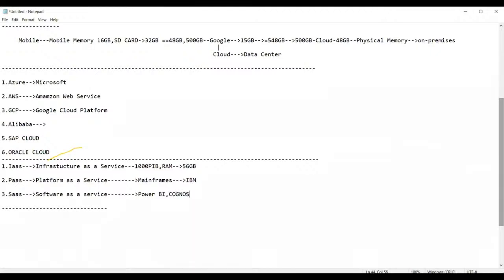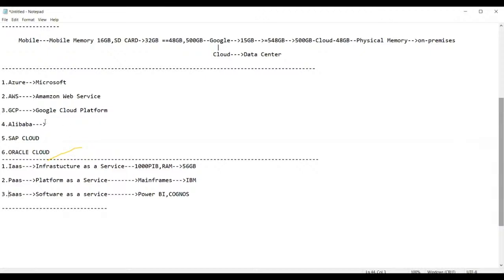You need not buy the license of this. You need not worry about this. Simply you need to inform your cloud provider that you require it, and he is going to buy that for you. Everything is taken care of by the cloud provider in the service called what? Software as a service.